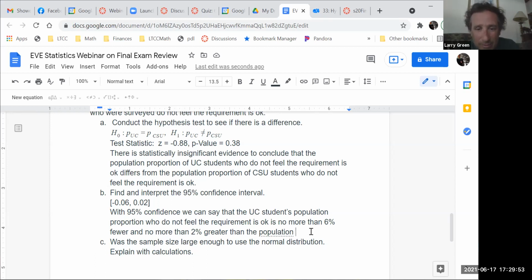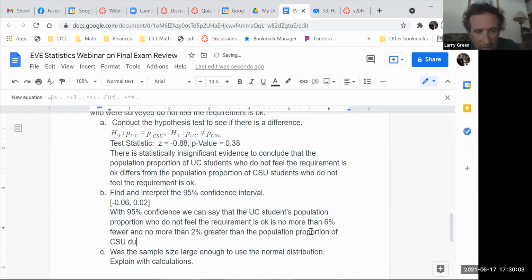Then the population proportion of CSU students, and now I can copy and paste, who do not feel the requirement is okay. Any questions on this?